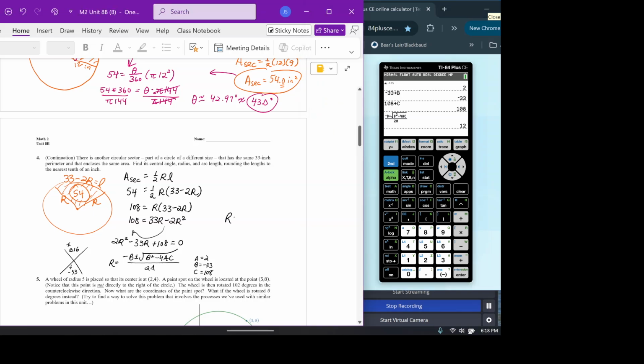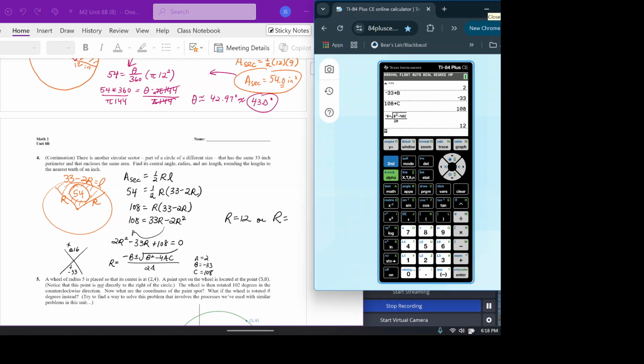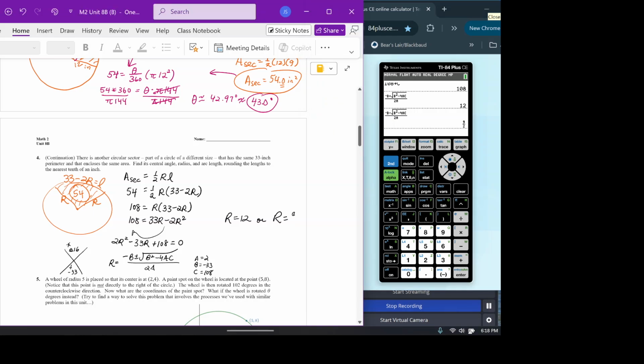So r equals 12, which was actually the answer that goes with the previous problem. Or, and then I will cut and paste this if I can, there we go, I'll switch that plus to a minus. And we get 9 over 2, which is 4.5. So 4.5 inches is the other radius that we're talking about here.